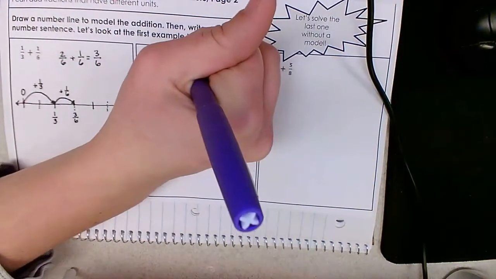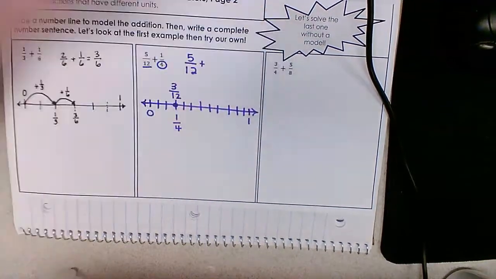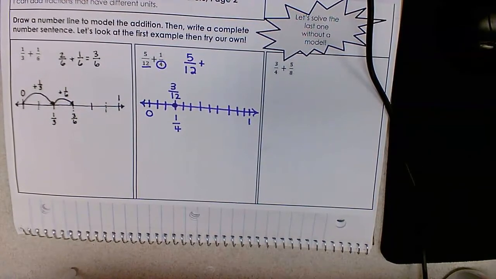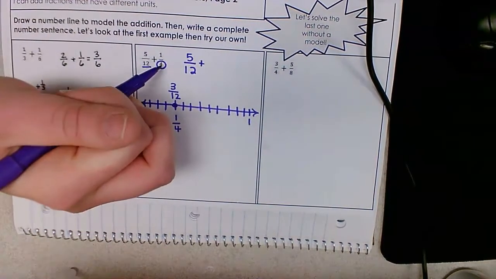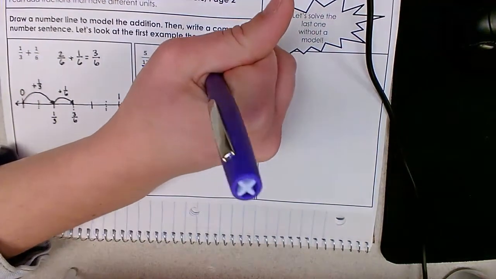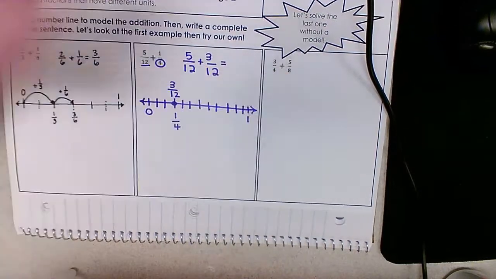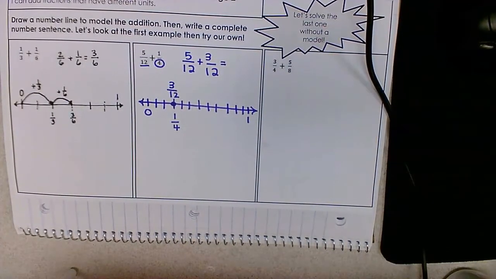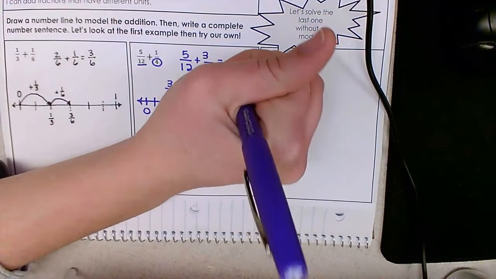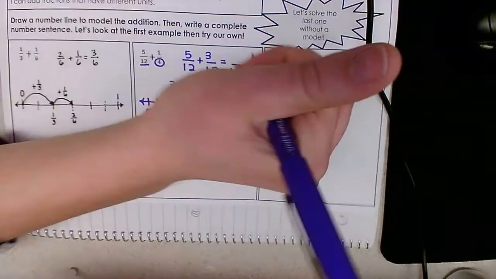So now we're going to use this number line to solve 5/12 plus, to keep like units, instead of writing 1/4, I'm going to rename it 3/12 because that's its equivalent fraction. By using my addition skills, I know that my units will stay the same, and 5 plus 3 equals 8.